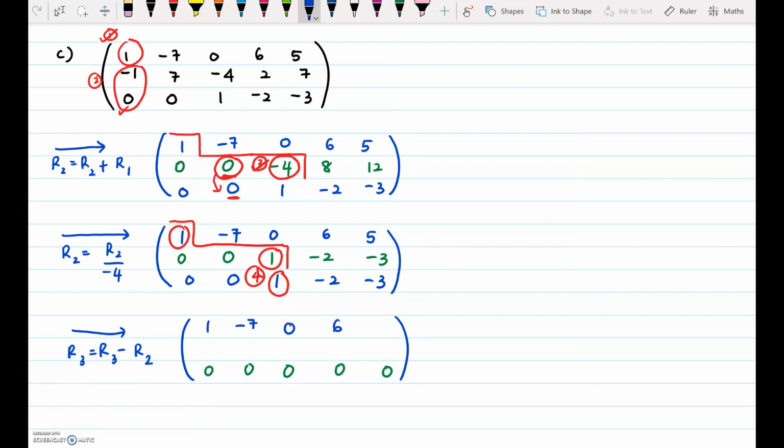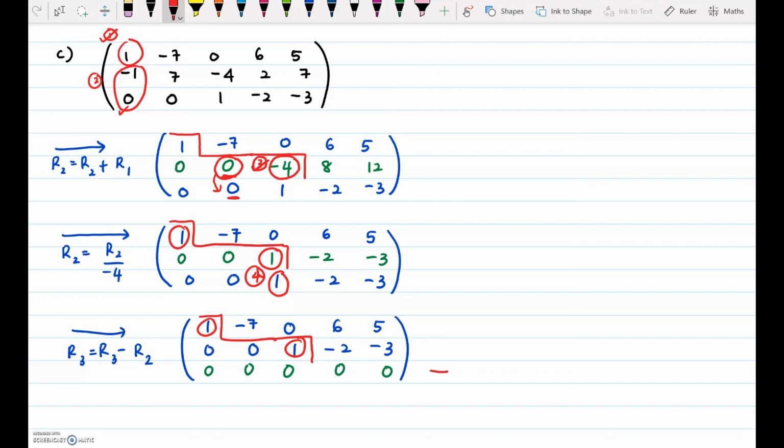-7, 0, 6, 5, 0, 0, 1, -2, and -3. Now let's check your ladder. So this is your ladder. Done.